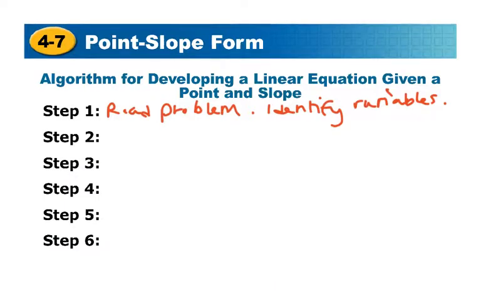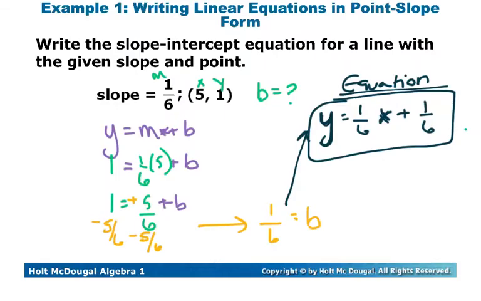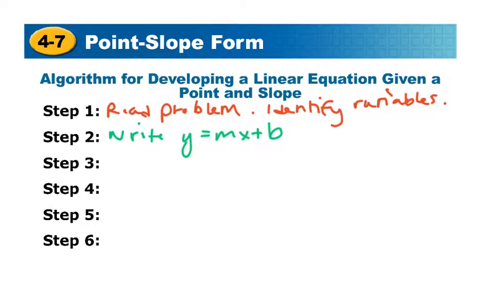Then step 2 says that you need to write the y equals mx plus b format. That's where I wrote it right here. Then step 3 says go ahead and fill in the variables from step 1.